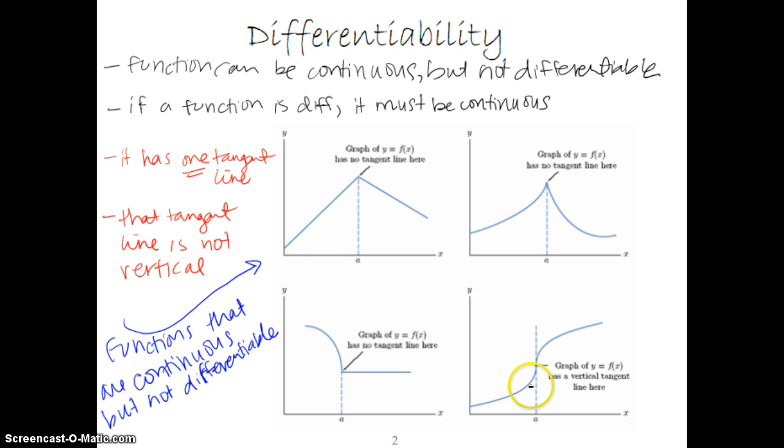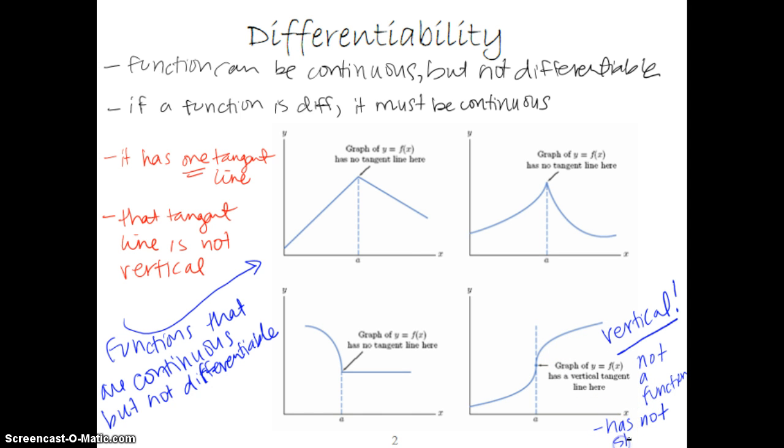And then lastly, here is a graph that is, again, continuous, and it has one tangent line, but that one tangent line is vertical. And remember, when you have a function that has a vertical tangent line, you can't use the slope of that tangent line because it has no slope.